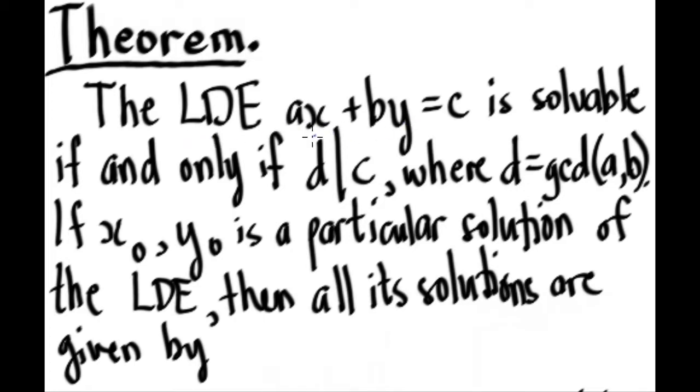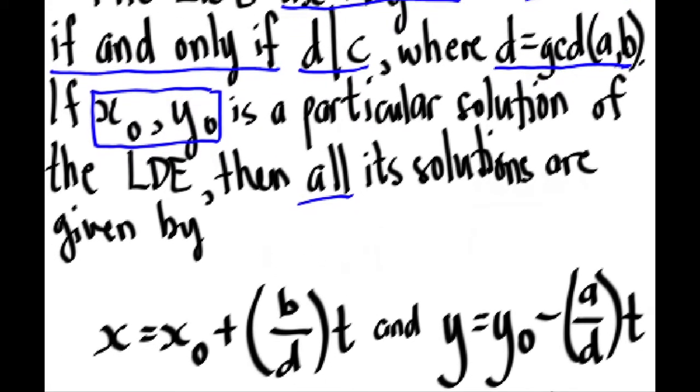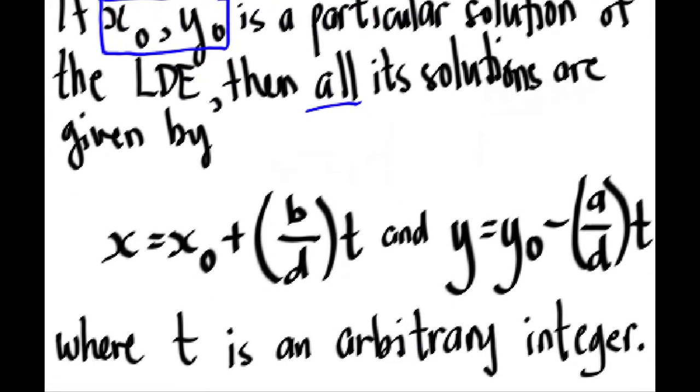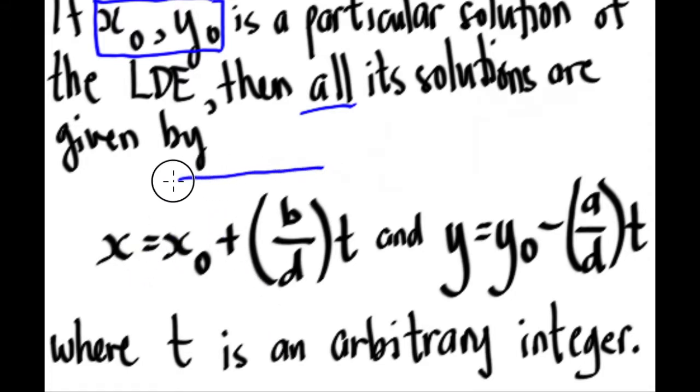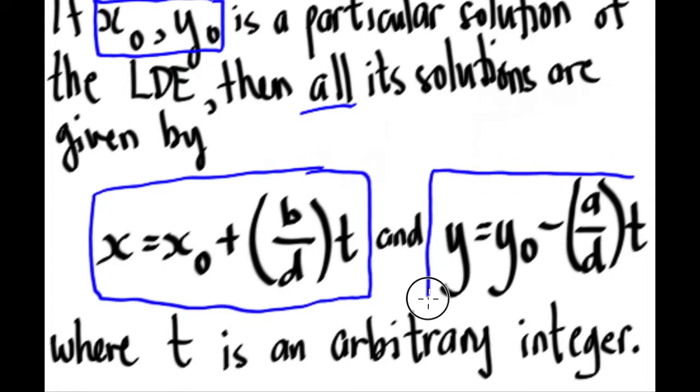The theorem states that the LDE AX plus BY equals C is solvable if and only if D divides C, where D is the GCD of A and B. Furthermore, if X sub 0 and Y sub 0 is a particular solution of this LDE, then all its solutions are given by X equals X sub 0 plus B over D times T, and Y equals Y sub 0 minus A over D times T, where T is an arbitrary integer.